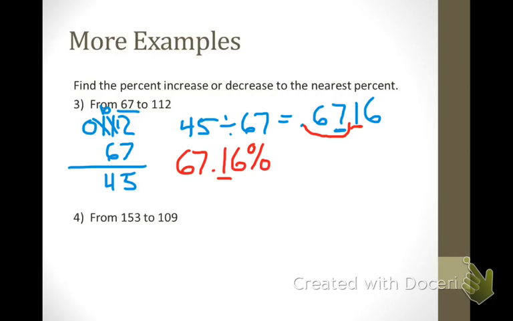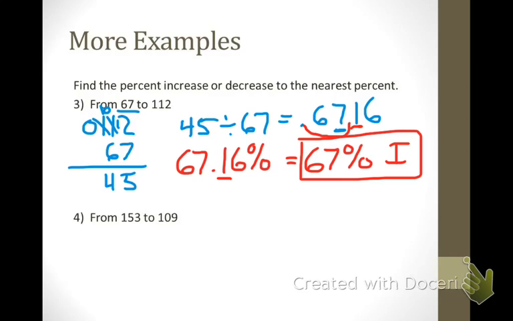And that's going to cause the 7 to stay the same, so our answer would be 67%, and we can tell that it is an increase because we went from 67 to 112. So your answer is a 67% increase.